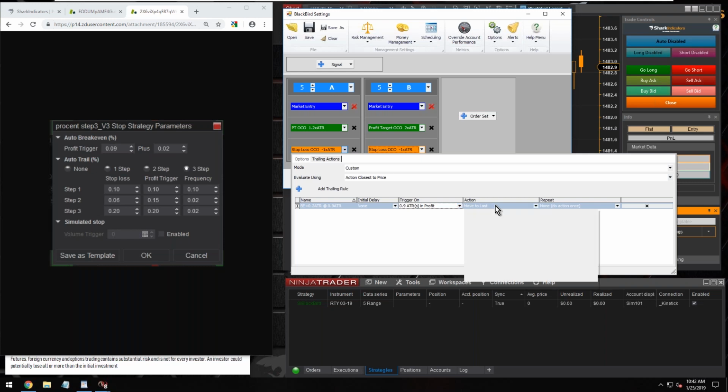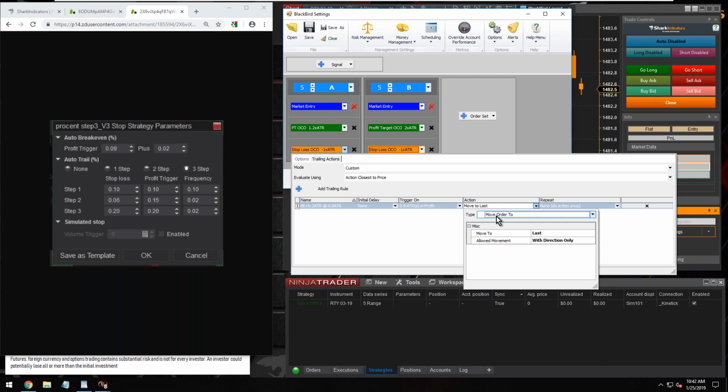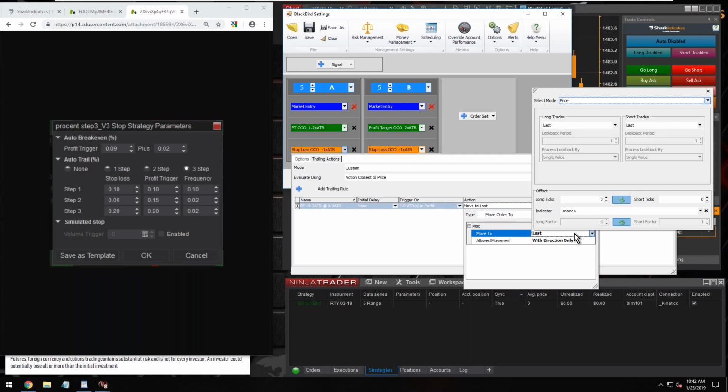So the action here, the action is what moves the order, right? So we can see the type here is move the order to. So where are we moving the order to? Well, let's open up this menu here. And we're going to move it right to the entry price, right? Because that's what the break even is. A break even is your entry price.